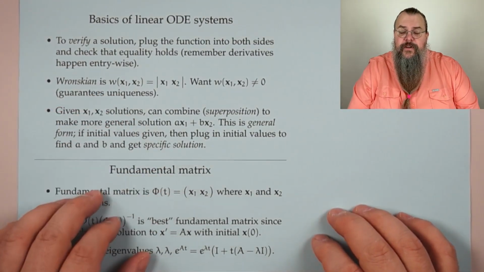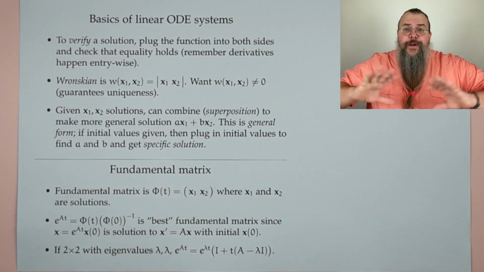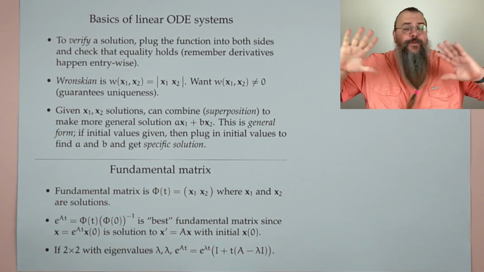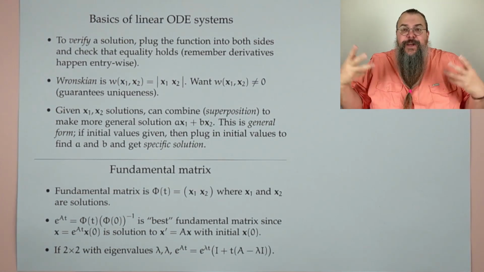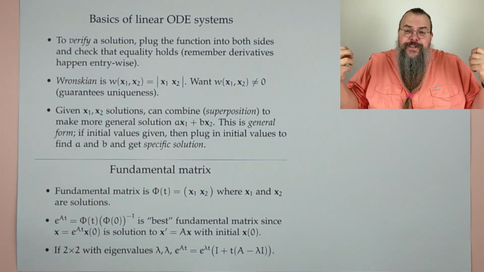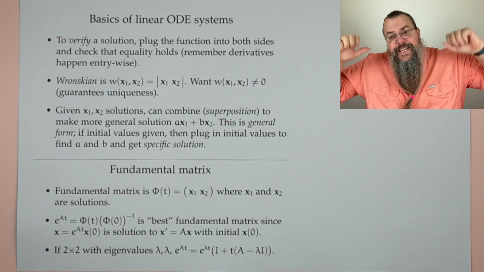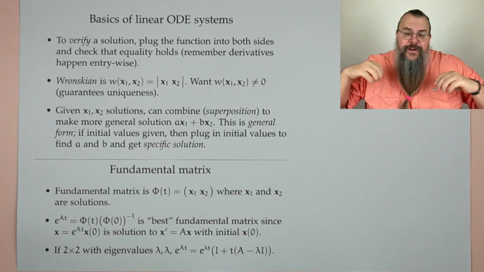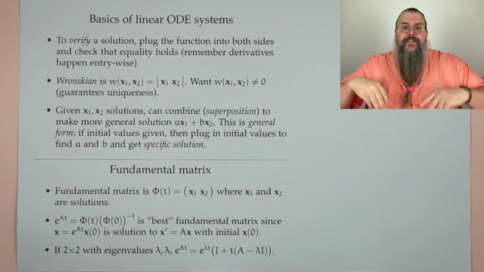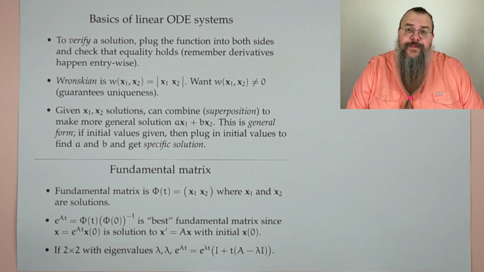Now, the goal of the Wronskian says, look, where the Wronskian is non-zero, life is wonderful. We get uniqueness, and we just love that. Where the Wronskian is zero, things break down. We don't know, maybe we can solve it, maybe we can't, uniqueness gets tossed out the window, and so forth.